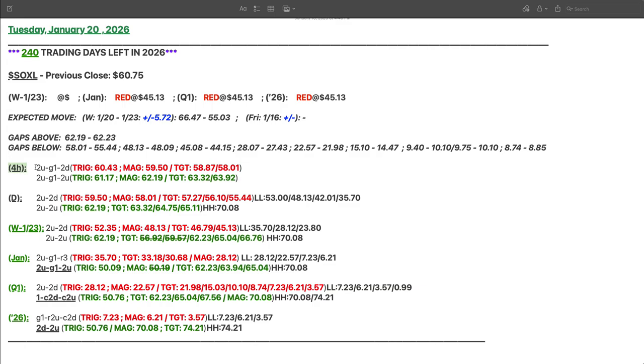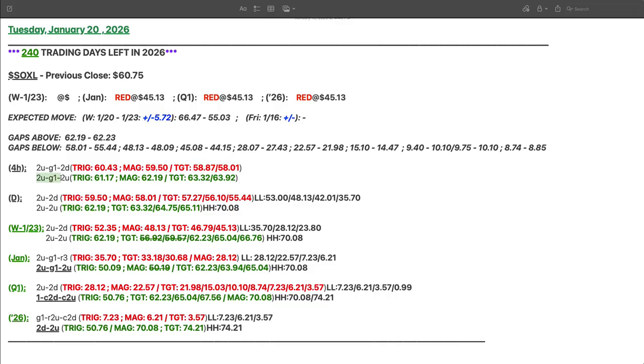We talked about on the 4-hour time frame, if we do go to the downside, that triggers a 2-1-2 down, triggering at 60.43, magnitude of 59.50. So again, a little less than $1 movement, so decent size movement. But if we do hit that 59.50 with some momentum, we do have the extended targets listed for you here as well.